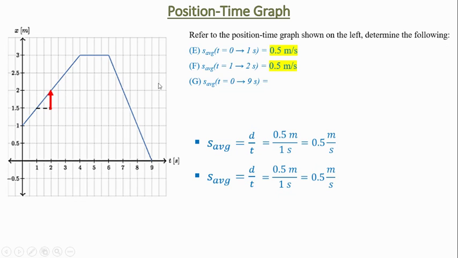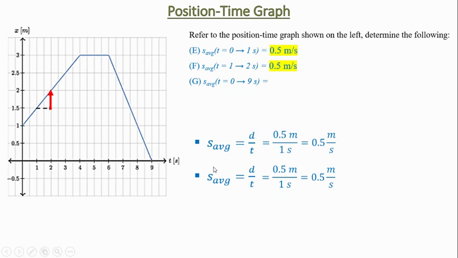Whether it asks you from 0 to 1, the answer is 0.5. If it asks you from 1 to 2, like I just did, that's also 0.5 because the slope has not changed. What if it asks you from 2 to 3 seconds? If you do this, you'll find the slope will also be the same. So really, they're all the same answer. The average speed is the same from 0 all the way up to 4 seconds.